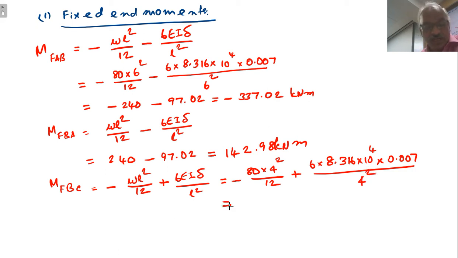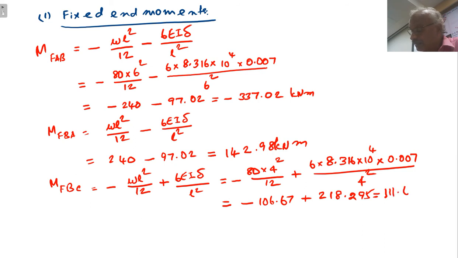So this value will be equal to minus 106.67 plus 218.295, the sum will be 111.625 kilonewton meter.